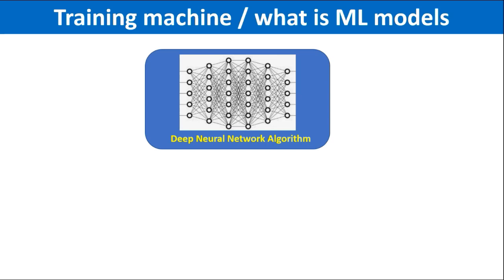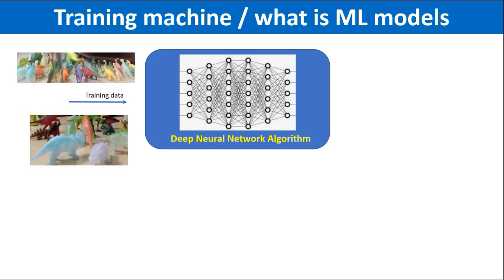Just as we repeatedly exposed a child to various dinosaur toys, a deep neural network algorithm is fed a multitude of dinosaur images. The algorithm's primary function is to learn patterns within those input training data. All these nodes which you see here are nothing but different functions to learn some pattern in the input training data.